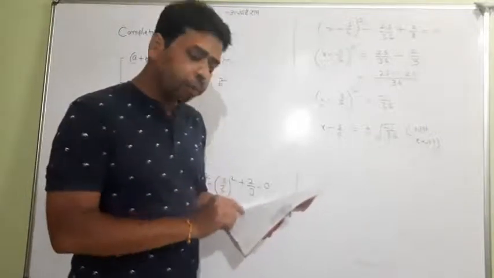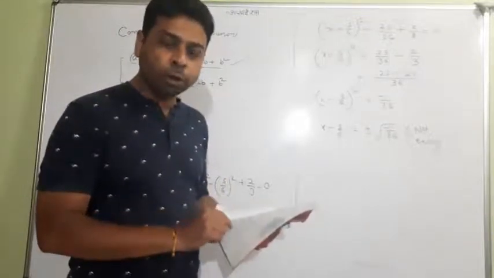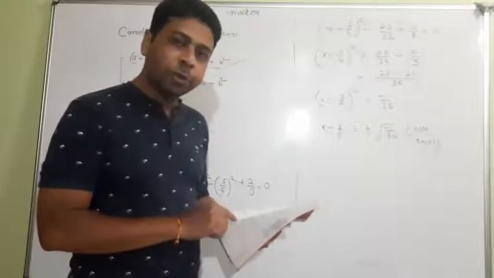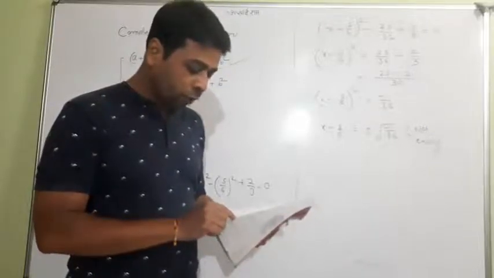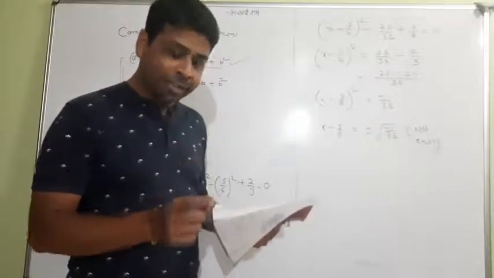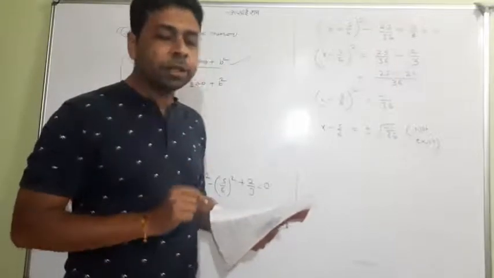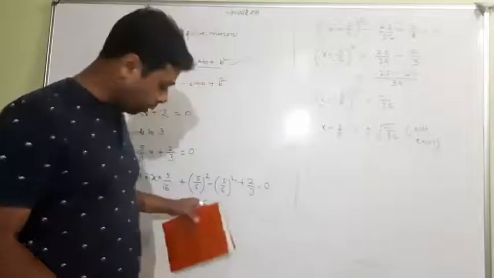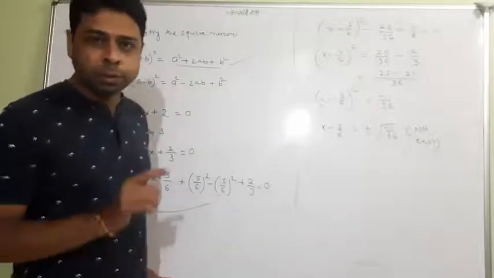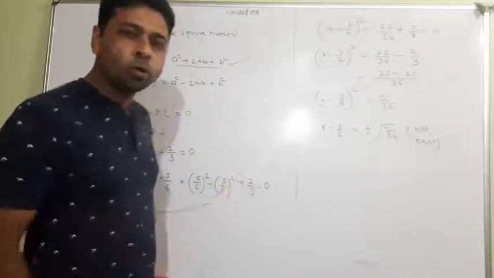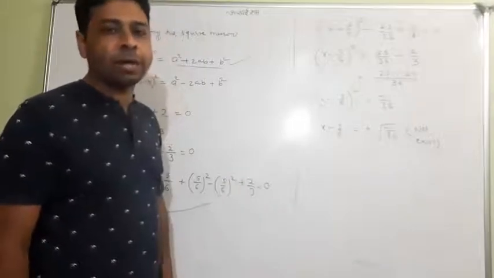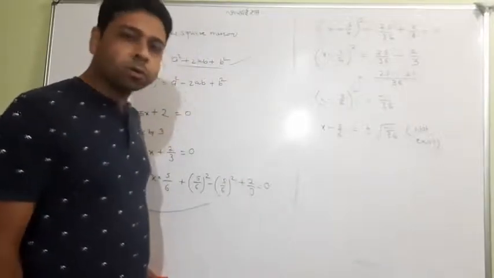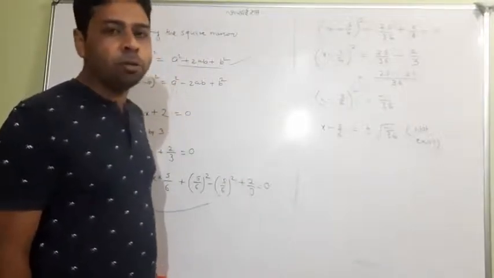When you read the first question of 4.3, it is stated specially: find the roots of the quadratic equation, if they exist, by the completing the square method. So whenever it is told especially to use completing the square method, you students will use that. Otherwise, we have one more good method and we will use that one only. So okay, the first question of 4.3 I am giving you, do it.